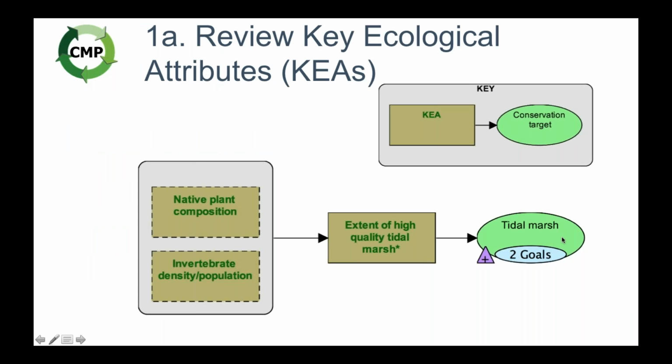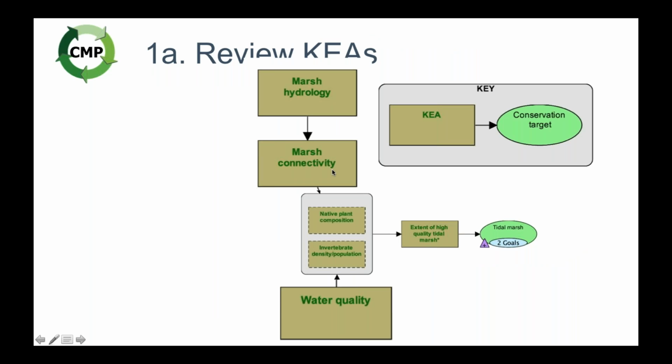Some of the key ecological attributes of tidal marsh are the extent of high quality tidal marsh, and that is affected by the native plant population and the invertebrate density population. Other key ecological attributes are the marsh connectivity and marsh hydrology and water quality. So you can see this is already getting into a lot of detail, and it's just on one conservation target.